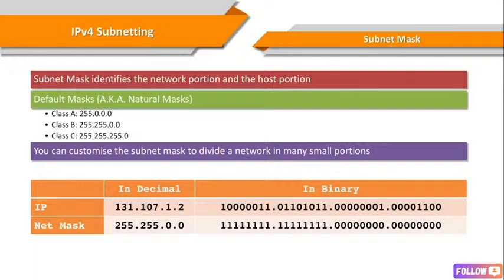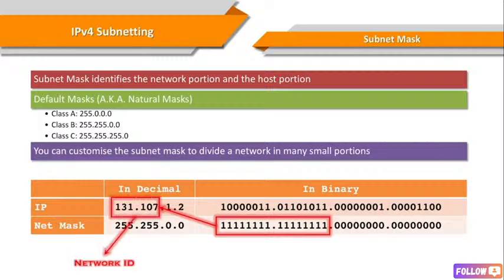Now, in order to see how the mask helps you identify the network and node parts of the address, convert the address and mask into binary numbers as seen on the slide. So once you have the address and the mask represented in binary, then identification of the network and the host ID is a lot easier. Any address bits which have corresponding mask bits set to 1 represent the network ID.